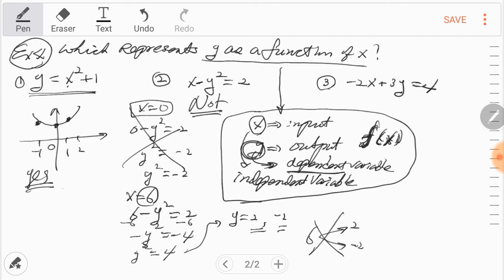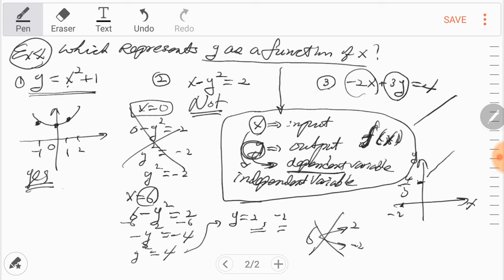How about the third one? Okay, the third one is a linear equation, so it's a straight line. So when you graph this one, x equals 0, then y is 4/3. And y equals 0, then x is negative 2.